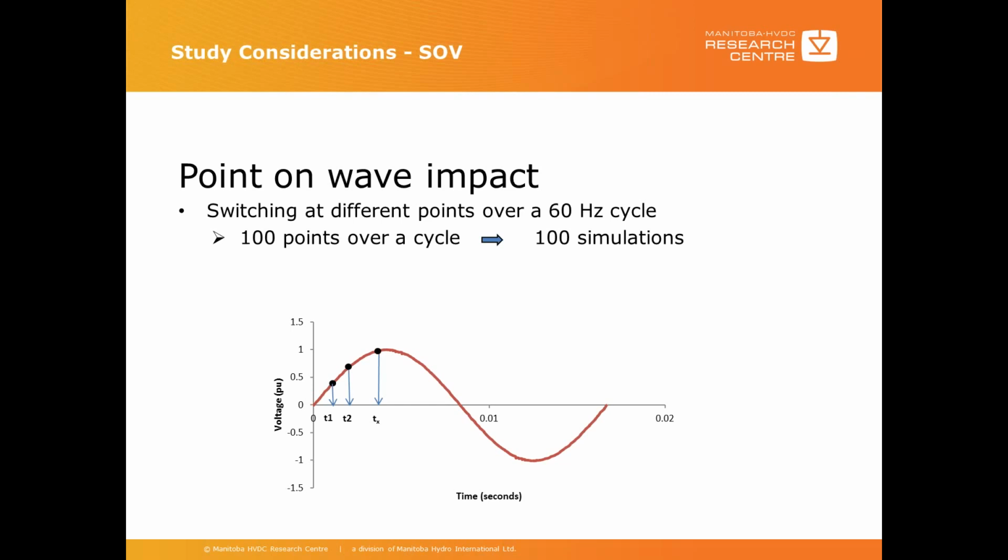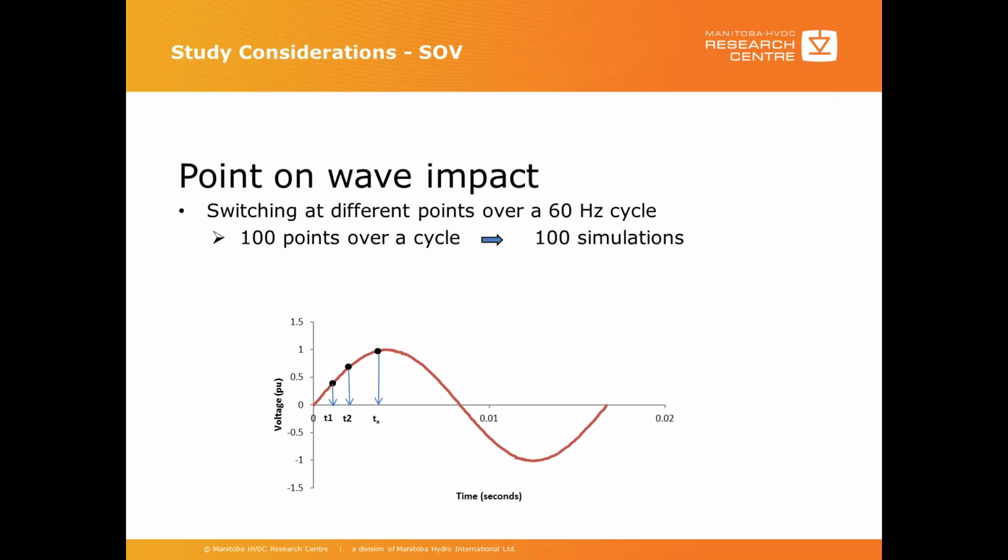As mentioned before, in order to capture the point-on-wave impact, each simulation scenario can be run 100 times over multiple simulation runs. At each run, the nominal breaker closing time is advanced by 1/100th of the power frequency cycle.